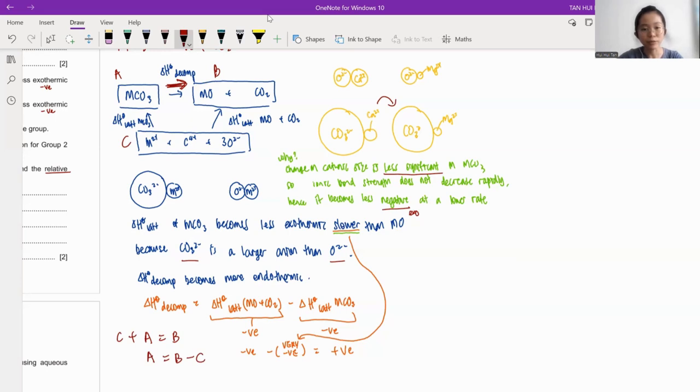Now your B refers to this part. I should label it like this. This is A, B, and C. So your B refers to your formation of MO plus CO2 from its ions, minus this one, like you're reversing this, that's why you need to minus your MCO3.